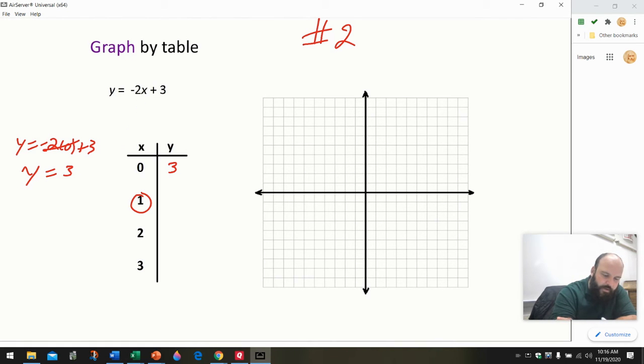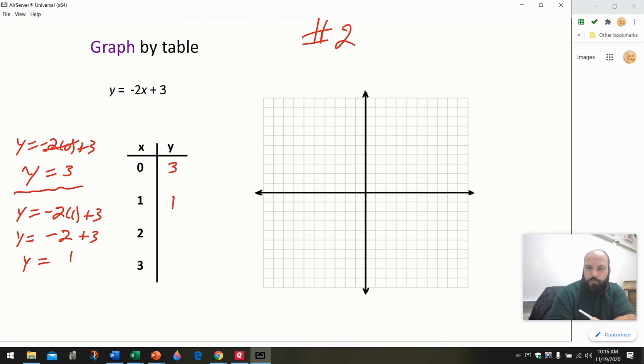This is a new problem. y equals negative 2 times 1 is negative 2, and then plus 3. Negative 2 plus 3 is positive 1. So when I plug in 1, I got 1 out.